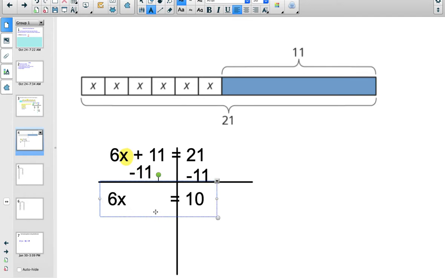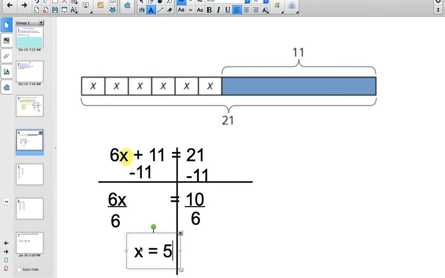We are going to be left with a fraction here or a decimal. What's the opposite of times by 6? Well, that's going to be divide by 6. So I'm going to divide by 6 on both sides. And I get x equals, if I reduce that down, that would be the same thing as 5 over 3.